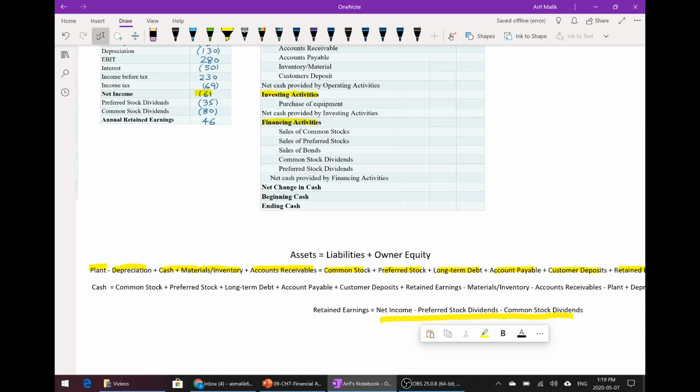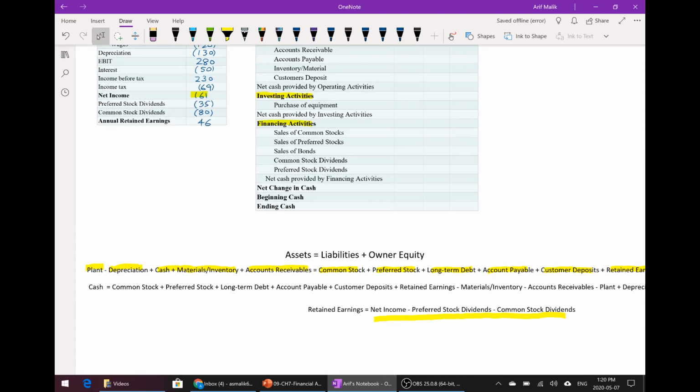So on the asset side we have plant minus depreciation plus cash plus material and inventory plus accounts receivables, and they are equal to common stock plus preferred stock plus long-term debt plus accounts payable plus customer deposits plus retained earnings. And from here we can indirectly work out what cash is.